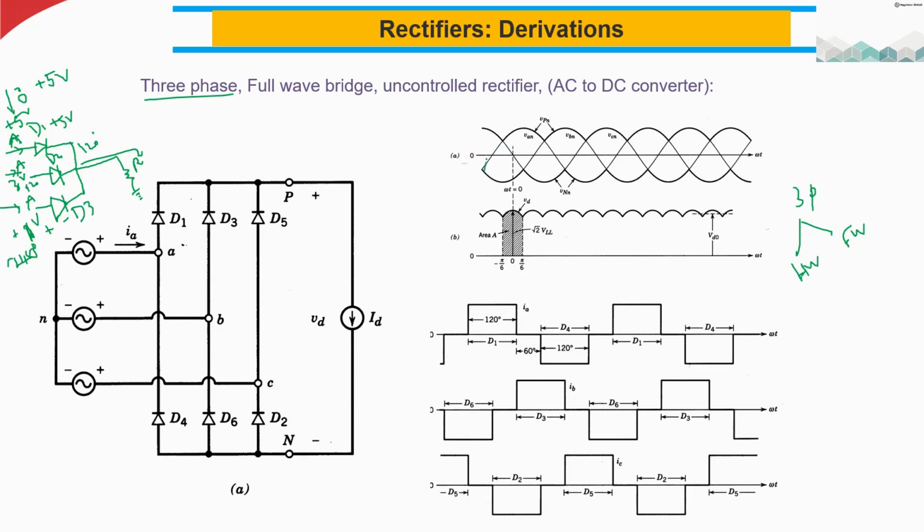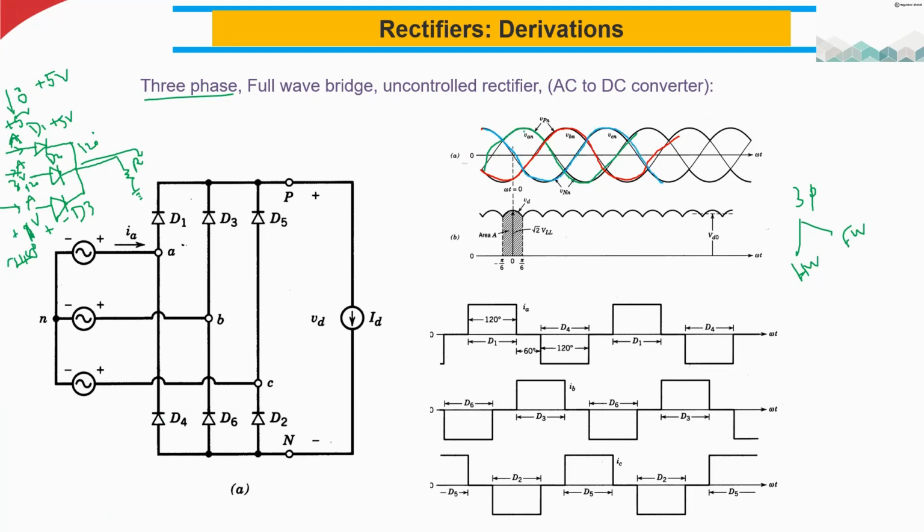So for example, let us say this is the green line 1 or phase 1. This one is the red phase, this is phase 2. And now I have one more, and this is the third phase, that is the blue phase.